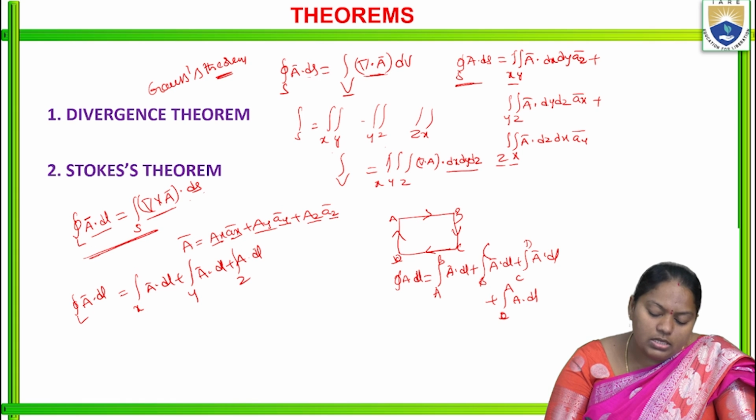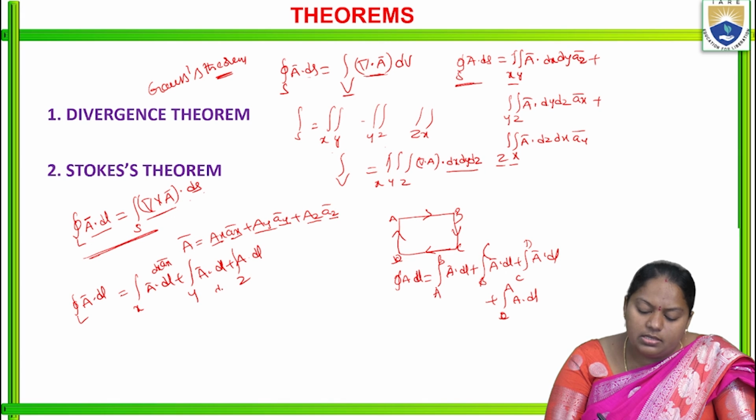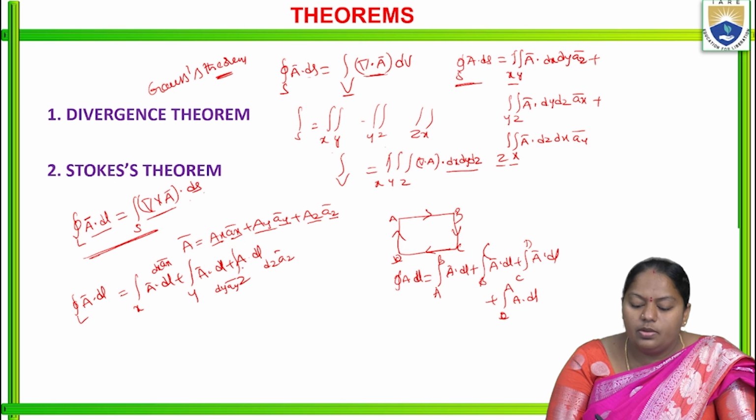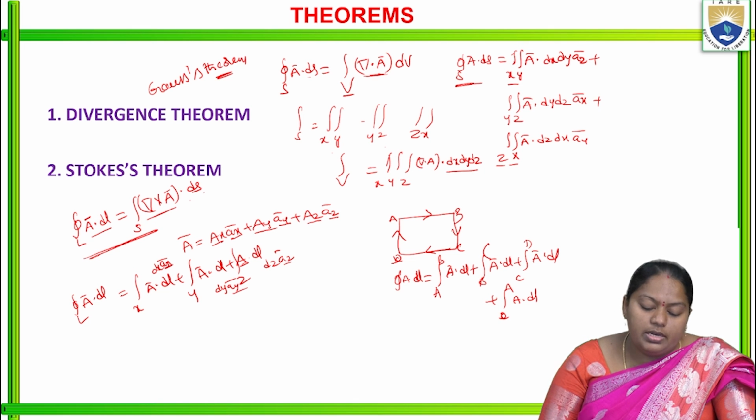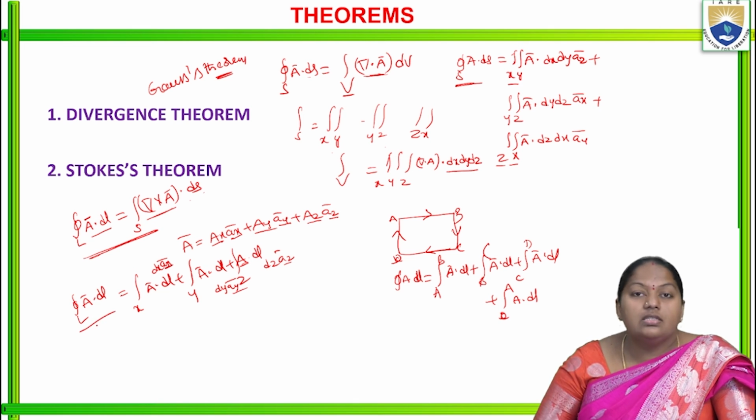Depending on that, in the x direction the dl formula is dx ax, for y it is dy ay, plus for z it is dz az. Depending upon the component, we consider the respective x, y, z components in all cases. Now we integrate to get the value of the closed line integral L A dot dl.